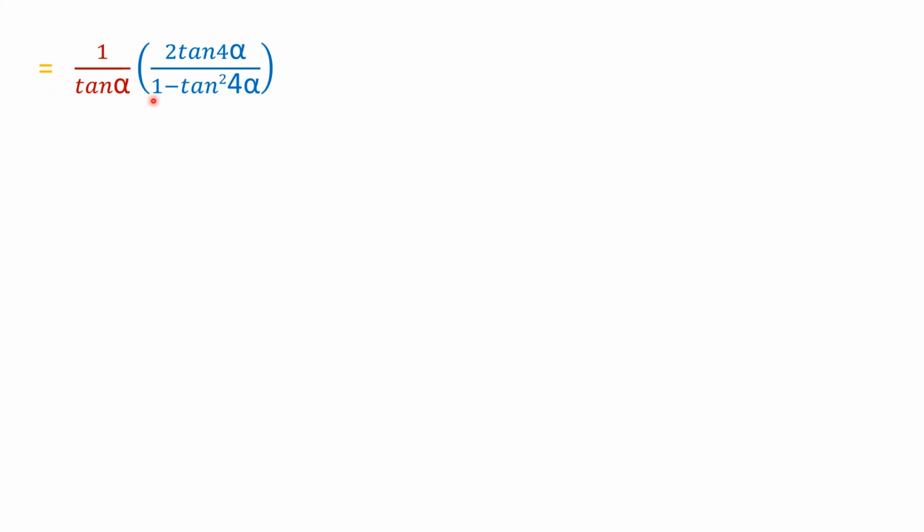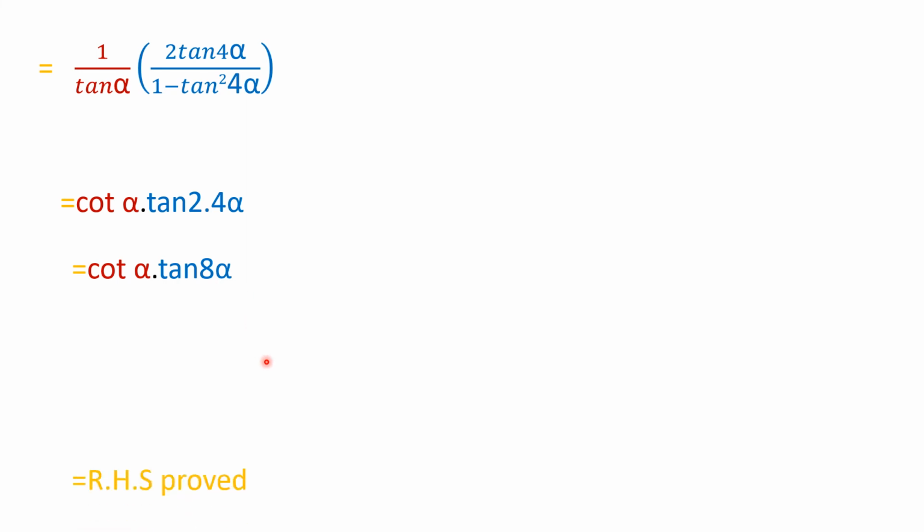In the next line, you can check again, it goes in the formula of tan 2a, 2 tan a over 1 minus tan square a, which we can write with this 1 by tan alpha as cot alpha, and this will be written as tan 2 into 4 alpha, because it is tan 2a. This is a, so 4 alpha into 2 is 8 alpha. So we can write this as cot alpha into tan 8 alpha, which is equal to the right hand side. Proved. I hope you understood this one.